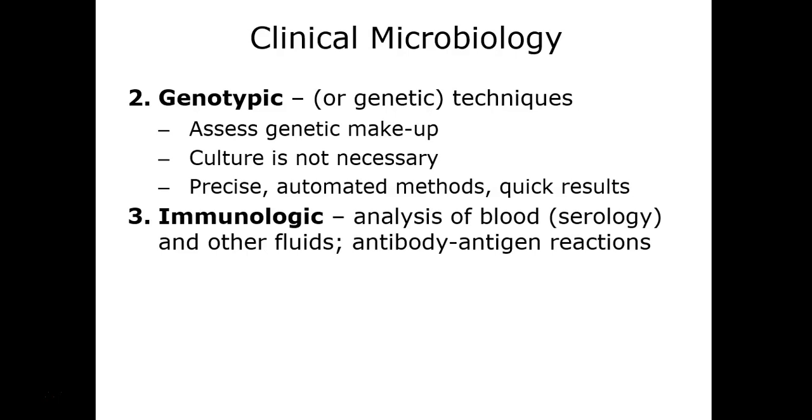And then finally, we have the immunologic. So this is the study of immune cells. For instance, we refer to things like serology, which is the study of the components of the serum, looking specifically at things like your antibodies. So oftentimes when we talk about immunologic studies, we're talking about antibody antigen reactions.